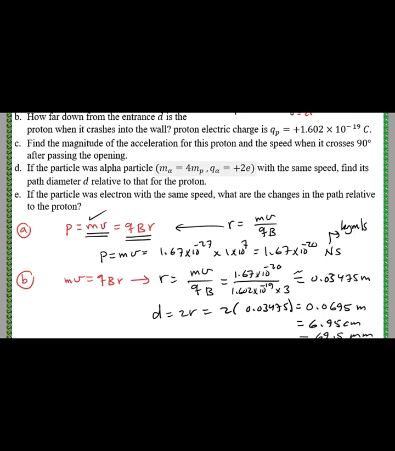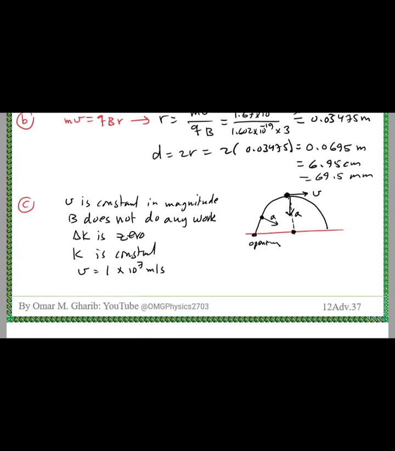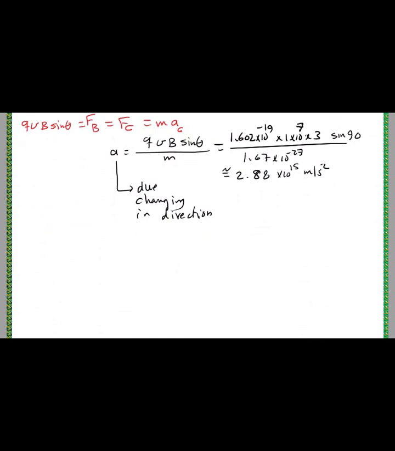Alpha particle has a mass 4 times the proton and charge double of the proton. With the same speed, find its path diameter. Now, you don't need to do the calculation. Just put R equals mv over qB.